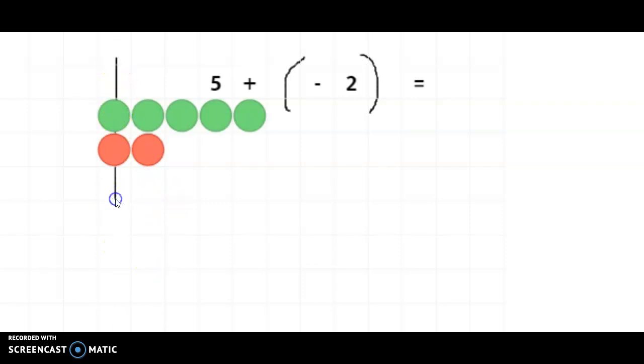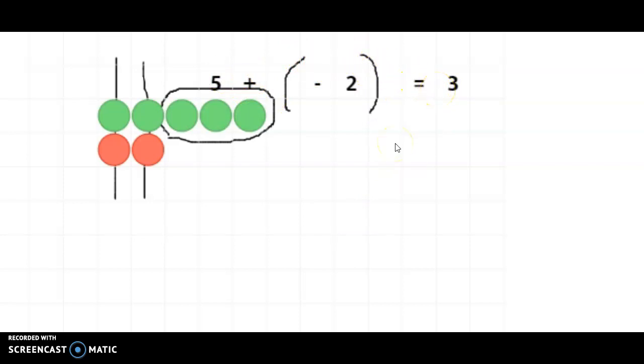So this and this is an opposite. We have a positive 1 and a negative 1. That makes 0. Here we have another positive 1 and negative 1. That makes 0. So now we've canceled out everything that we can, and we're left with 3 positive counters. So our answer is 3. So 5 plus a negative 2 equals 3.